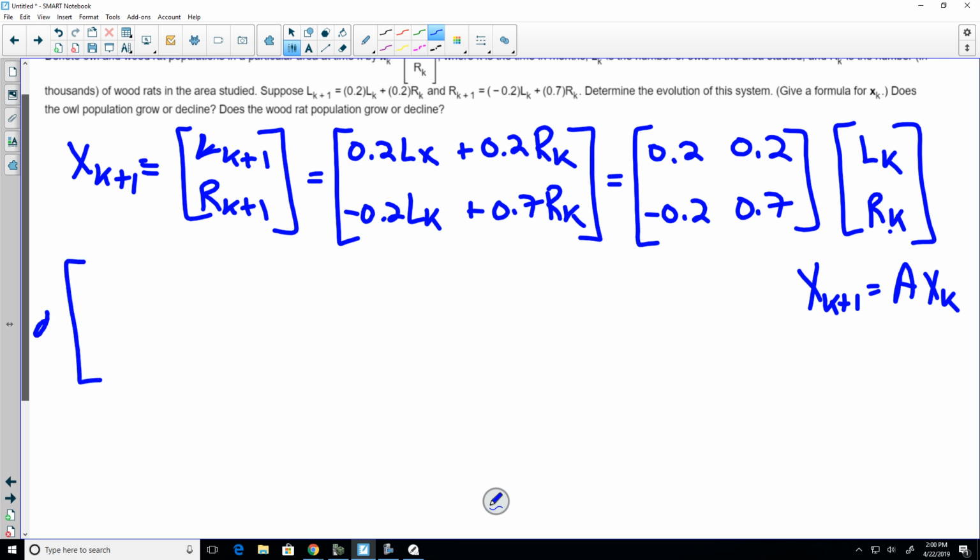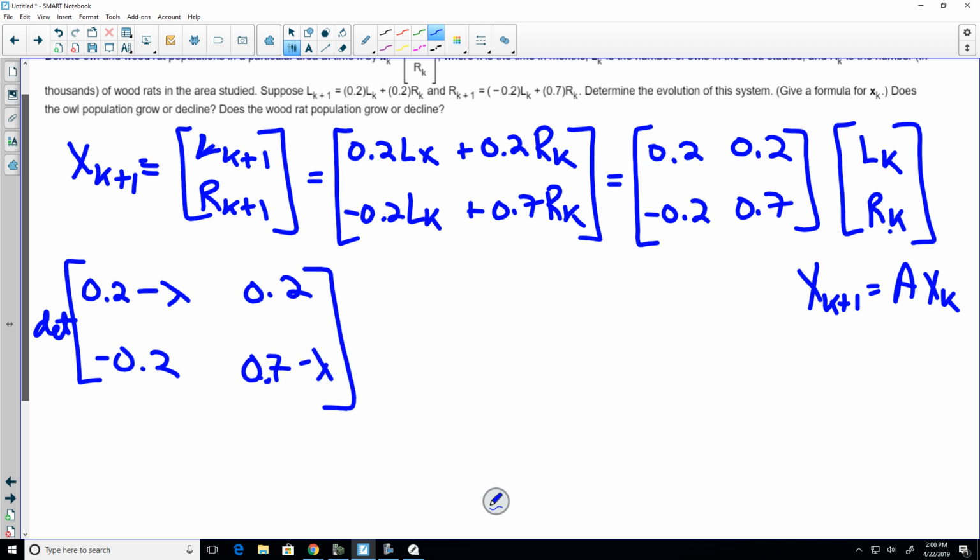So determinant of 0.2 minus lambda, negative 0.2, positive 0.2, 0.7 minus lambda. Yeah, it's tempting to try to fix A so this part will be easier, but you can't do it.